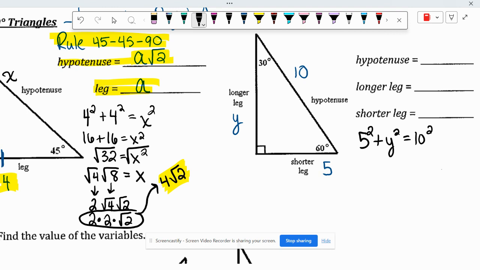What is 5 squared? So 25 plus y squared equals 100. Okay, now what? When I subtract 25 from both sides, I find out that y squared is 75, because 100 minus 25 is 75.